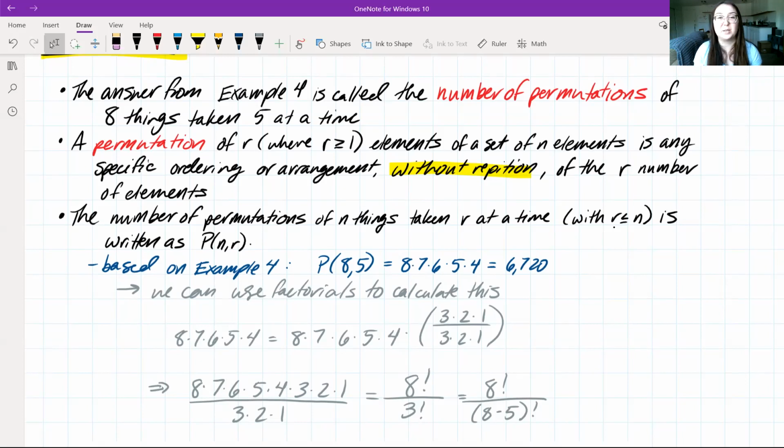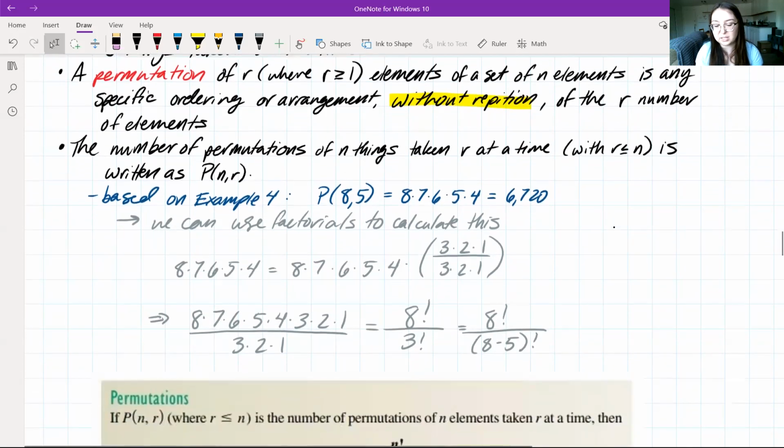Now we can use factorials to calculate this. Since we know our answer that we got before was 8 times 7 times 6 times 5 times 4, if we want to use factorials, we can take this value, and we know that we can multiply any value by something that's equal to 1. So let's multiply it by 3 times 2 times 1 divided by 3 times 2 times 1.